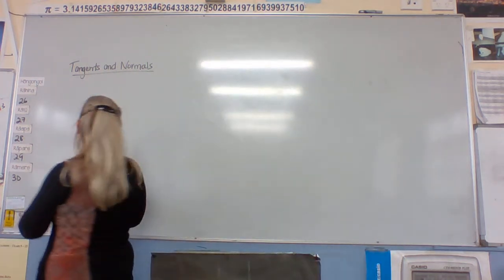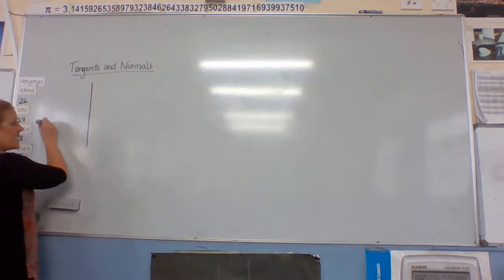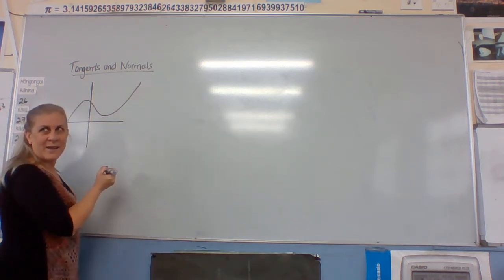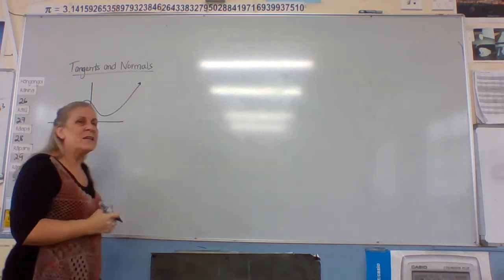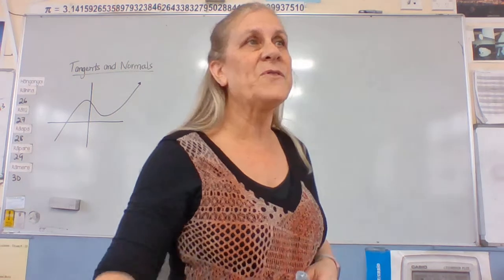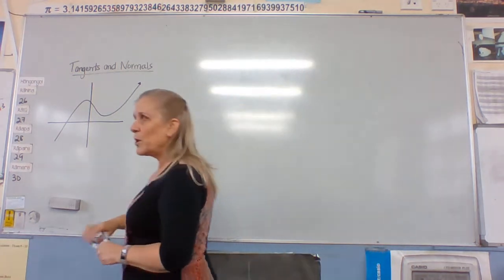So let's say we have a curve. I'm not going to draw a parabola today, I'm going to draw a cubic. All right. So the gradient on this graph changes as you zoom along it, right?